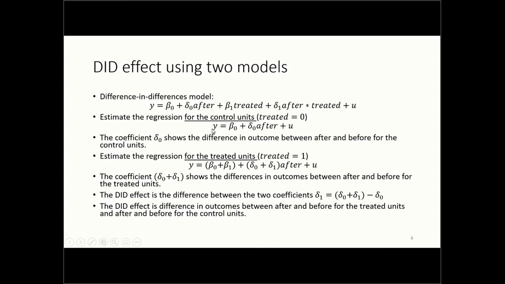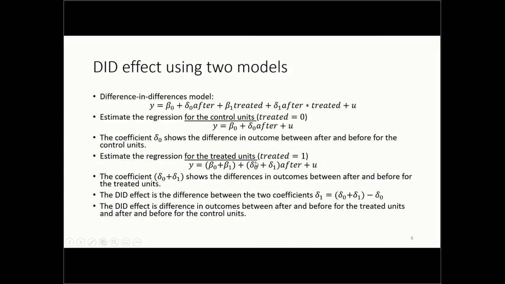So for the controlled units, we would have y equals beta 0 plus delta 0 times after. That would be the regression here. And delta 0 would be showing the difference in outcomes between the after and the before for the controlled units. So notice that this coefficient here is already a difference between the after and before for the controlled units.